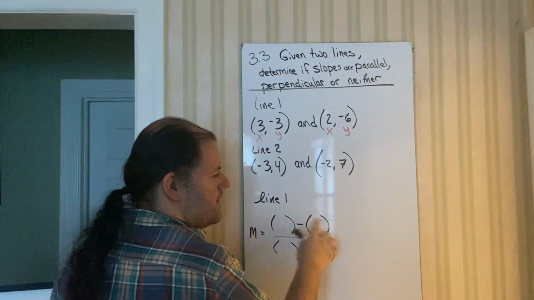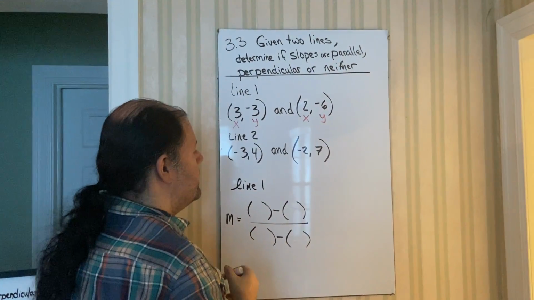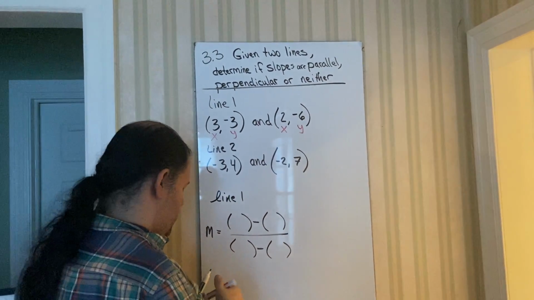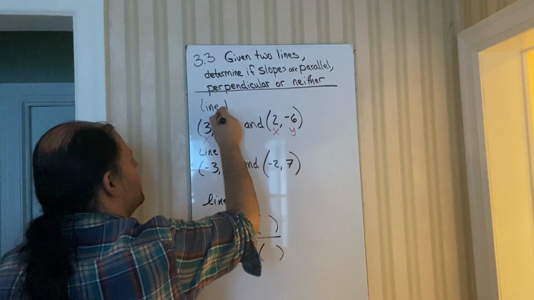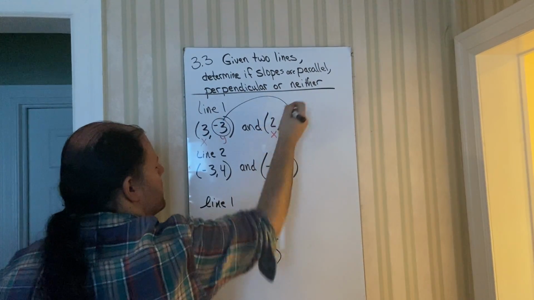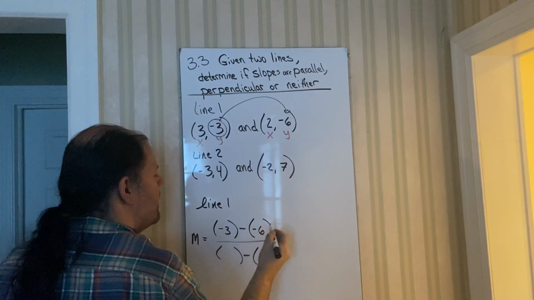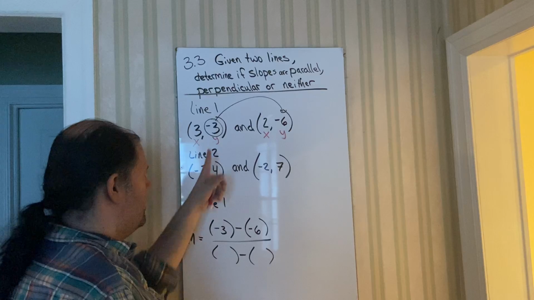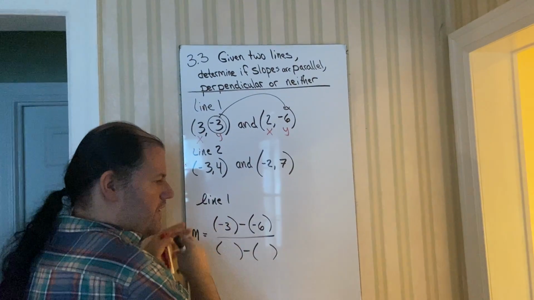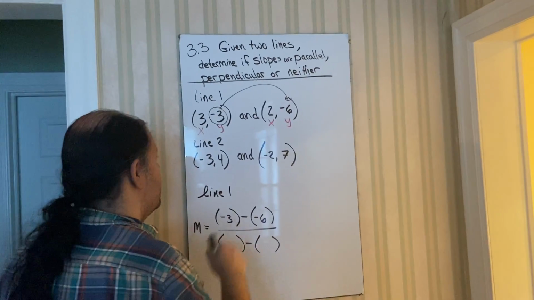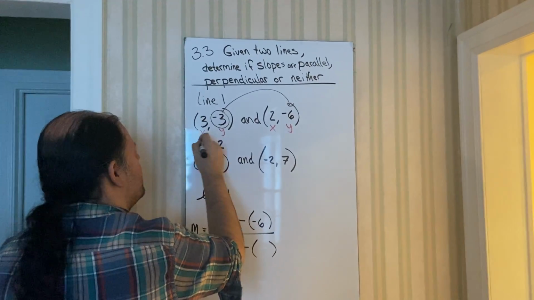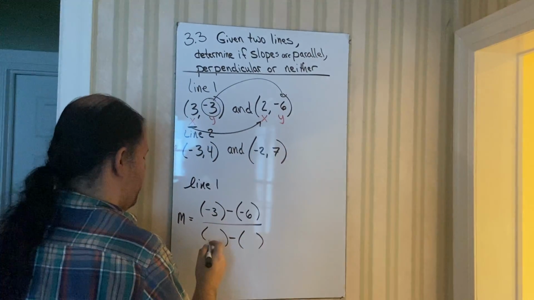Make sure you use the parentheses for beginners. And then let's see how our y's changed. So I went from a -3 over to a -6. Remember, change in y on top. So I went from here to there, because I read from left to right. And then for my x's, I went from here to here.